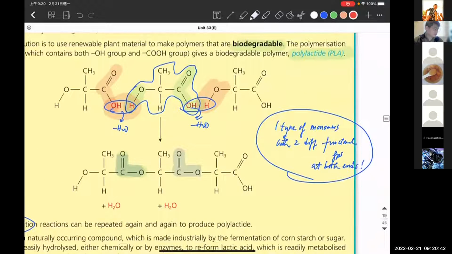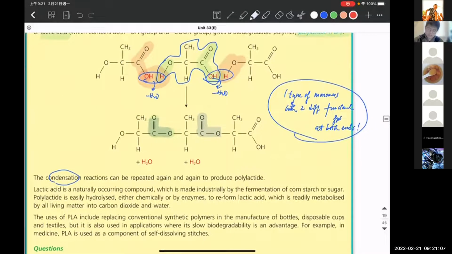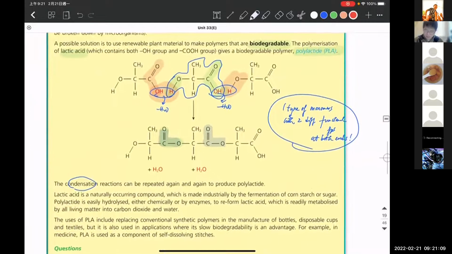In class practice 33.4, we need to have two types of monomer. Each type of monomer is bifunctional, right? They bear the same type of functional group, but we have got two functional groups of the same type. Okay, is it clear? So this is what we record as a type of polyester.